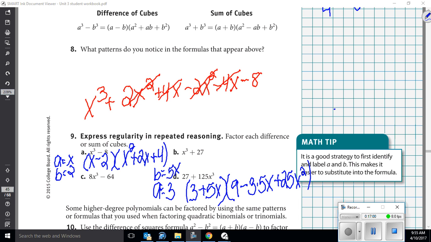So 3 times 5 reduces to 15x. And so this is the factored form of that. And so then to check it, combine A and B. So that's 3 times 5.